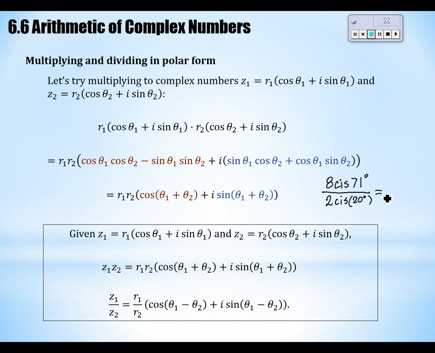In rectangular form, that would be a mess, right? You have something plus something I, you have something plus something I, you have to multiply by the conjugate on the top and bottom, you have to resolve the stuff in the numerator, you have to resolve the stuff in the denominator. It would be terrible. But here, it's just one simple thing, right? It's 4 cis what? Right? Done.